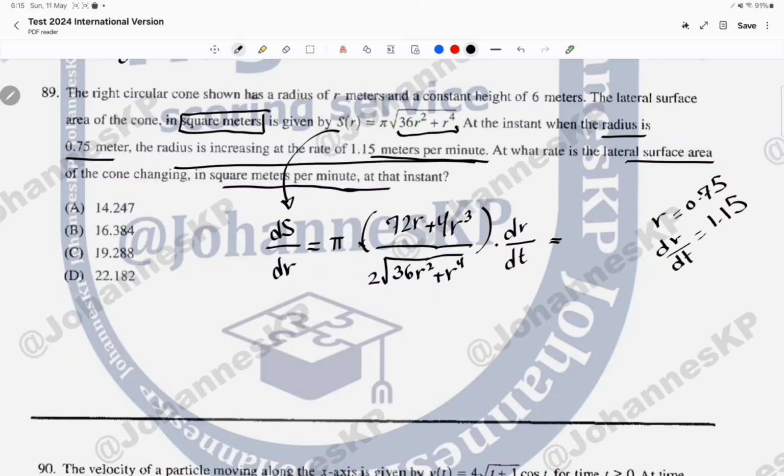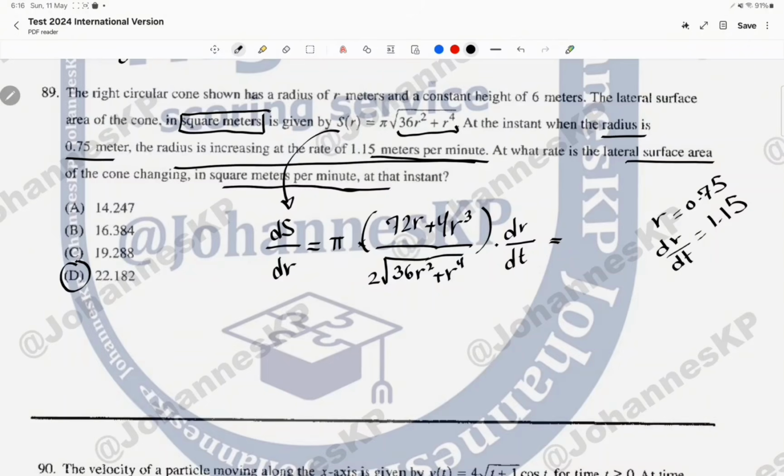We get 22.8, so it's going to be choice D basically.